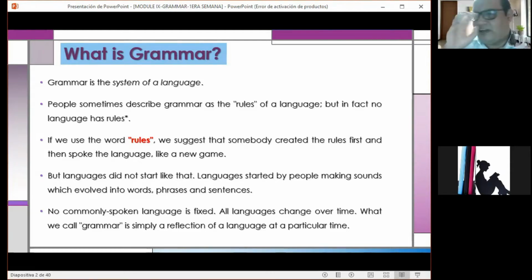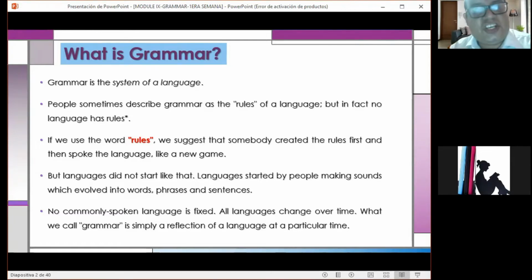For example, let me tell you something. In English, the vowels that we use in early English and Middle English are not the vowels that we use now in contemporary English. Some specific syntactical or morphological structures are different from the past to the English that we use now.